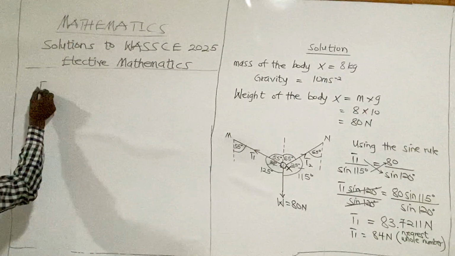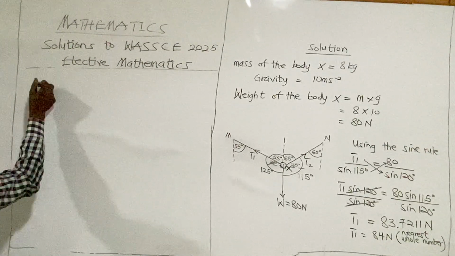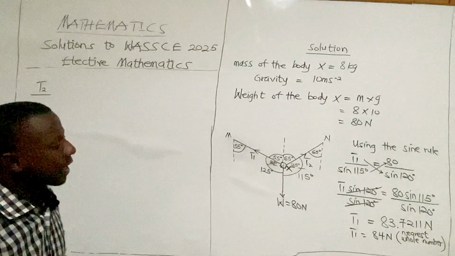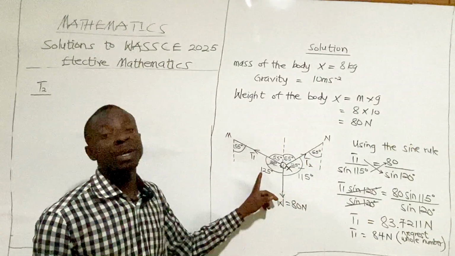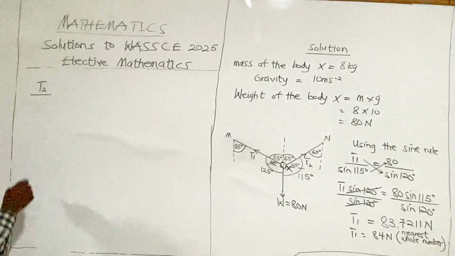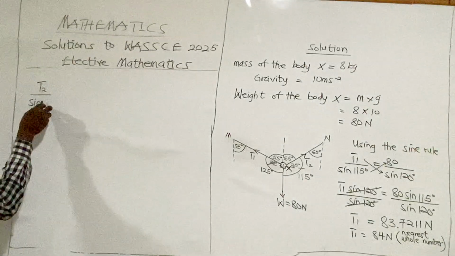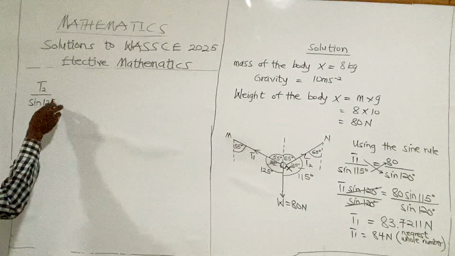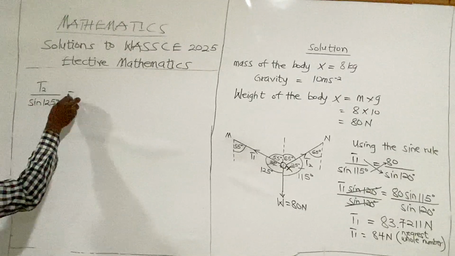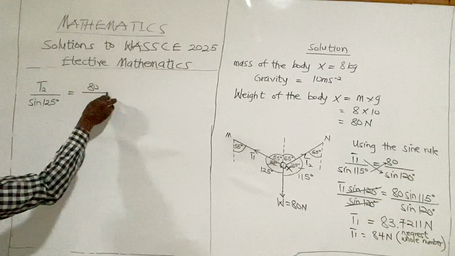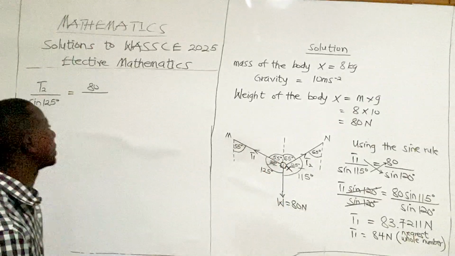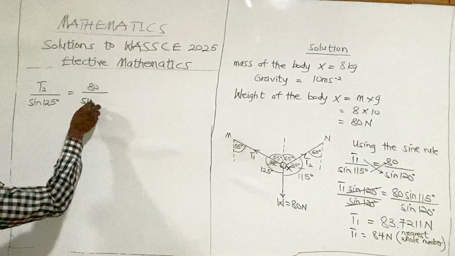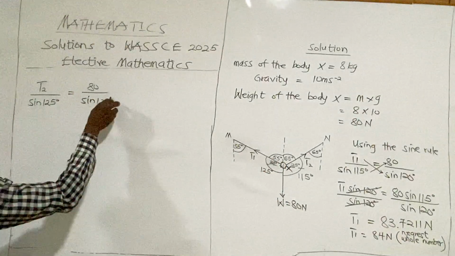So we have T2 over, when you check the T2, it is also entering the 125. So it's going to be T2 over sine 125 degrees is equal to 80 over, you know that this weight is also entering the 120, so over sine 120 degrees.